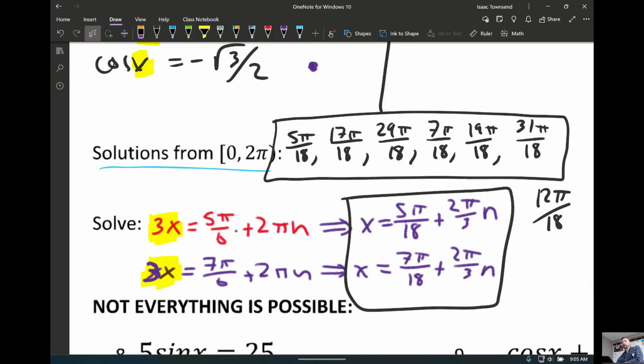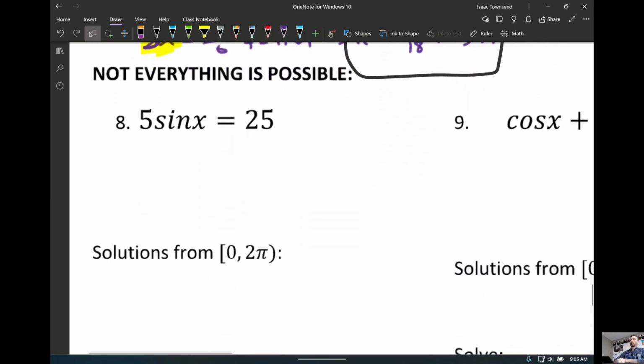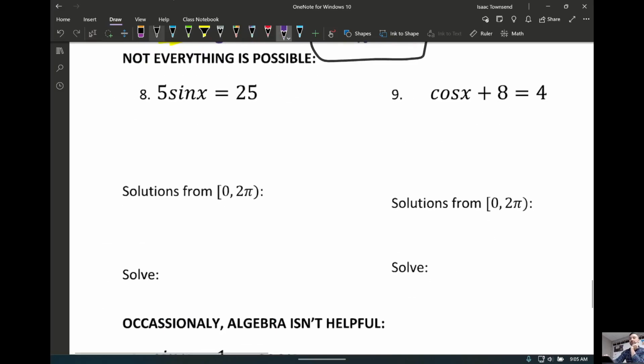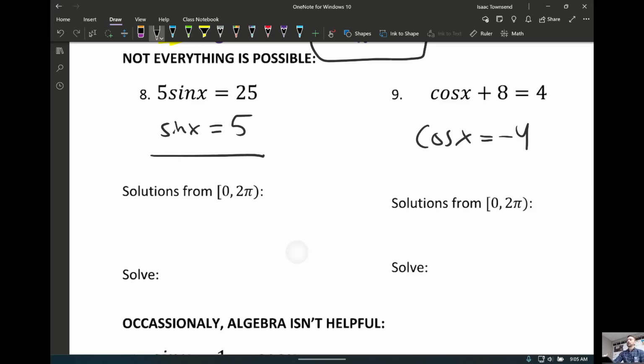Okay, you will also see, although I feel like we solved this in a previous question, some things are just not possible. So if you divide both sides by 5, it's where sine is 5, and I know you guys have had break and you probably didn't think about trigonometry too much, but that domain and range stuff that we talked about before is not just random trivia, it's really meant to help you.